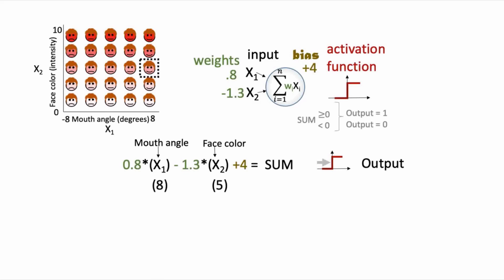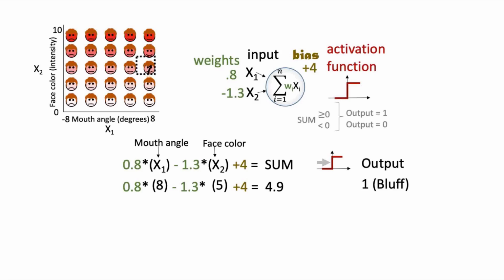So if the mouth angle is 8 and the face intensity is 5, the sum is going to be 0.8 times 8, the mouth angle, minus 1.3 times 5, the face intensity, plus 4, which is the bias, and that equals 4.9. And 4.9 is greater than 0, so that means the activation function will have you output a 1, and that's a bluff.